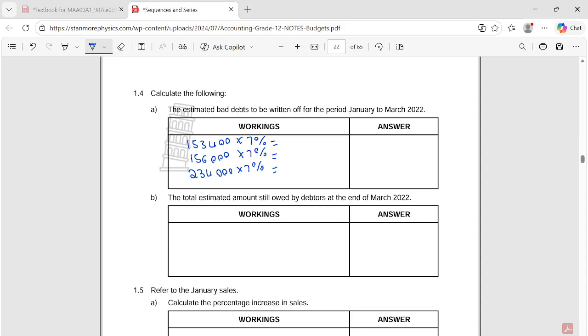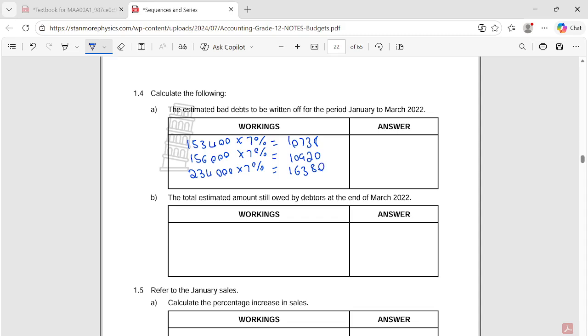So I'm gonna say 153,400 times 7%, right? So I'm getting 10,738. 156,000 times 7%, I'm getting 10,920. 234,000 times 7%, which is 16,380.